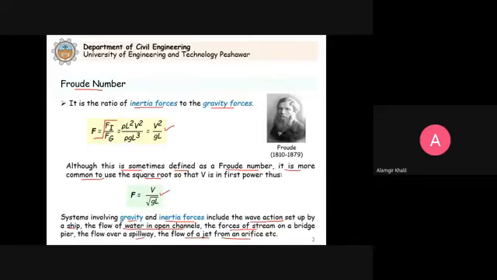Just like you studied and conducted an experiment in the fluid mechanics 2 lab, the orifice and jet apparatus. In these examples, the gravity and inertia forces are significant. So when we analyze these fluid phenomena, we have to consider the Froude number for dynamic similarity.